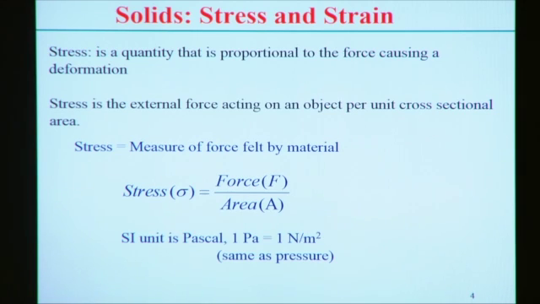So we can measure the stress as force divided by area, that means force per unit area. The unit of stress in SI is Pascal or Newton per meter square, which is the same as the unit of pressure.